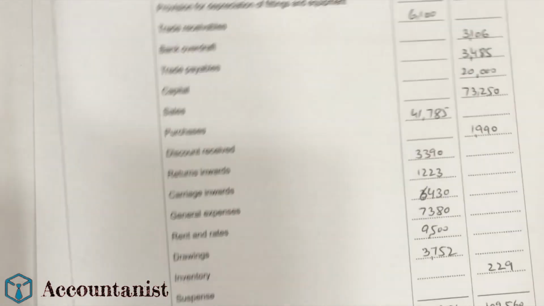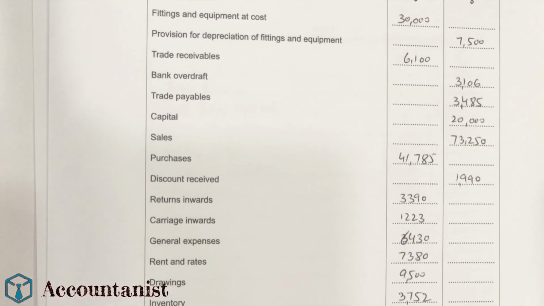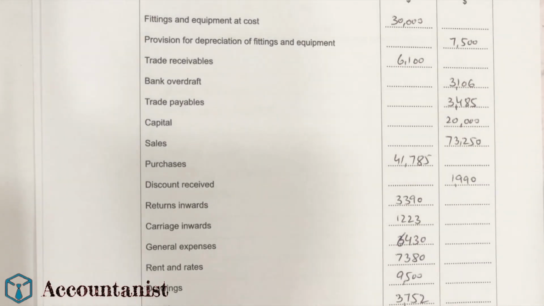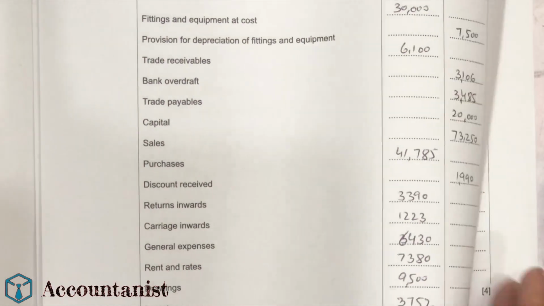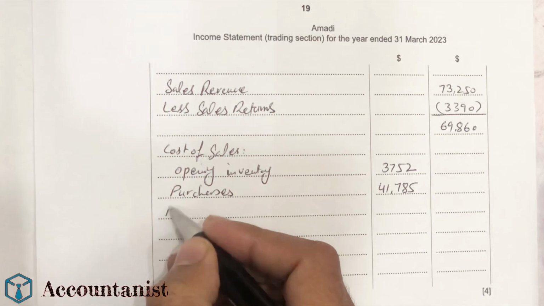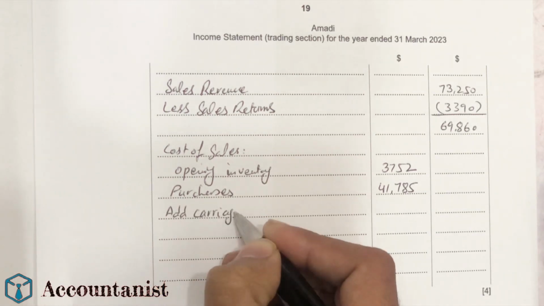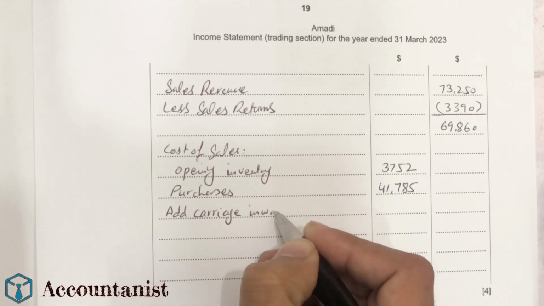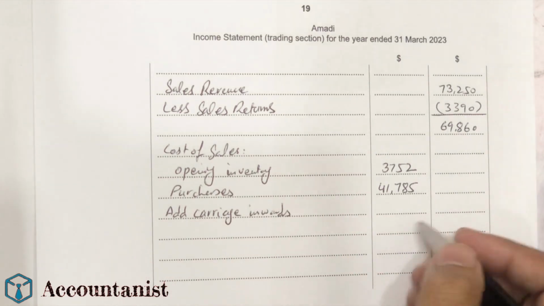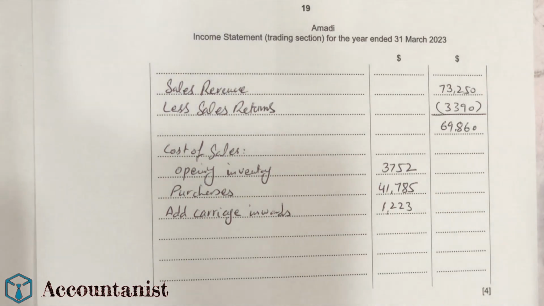If there are any purchase returns, we do not have any in the question. But we do have carriage inwards, so carriage inwards will be added, and that was 1,223. That will be added.